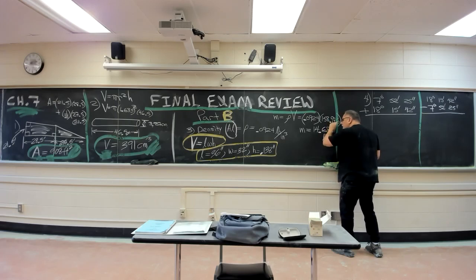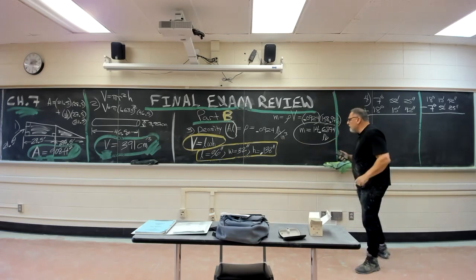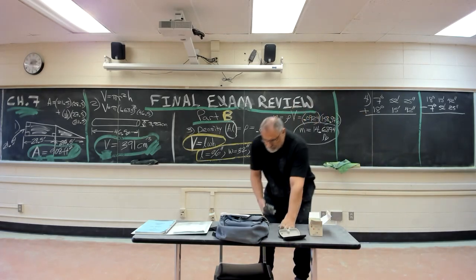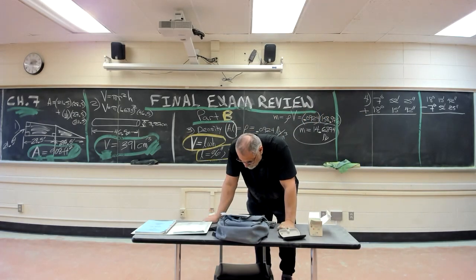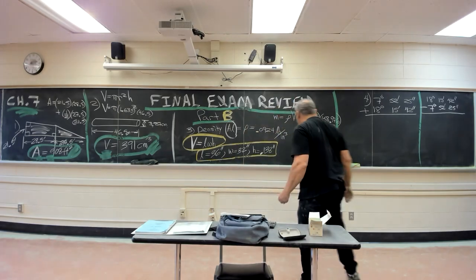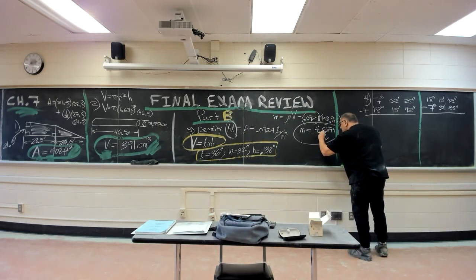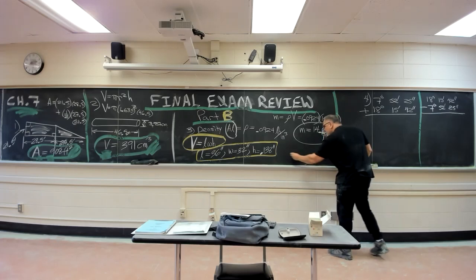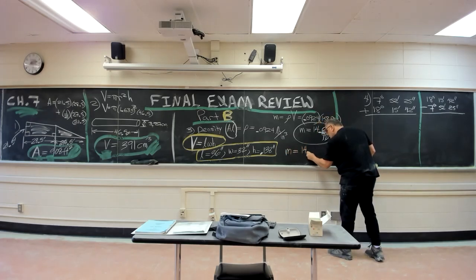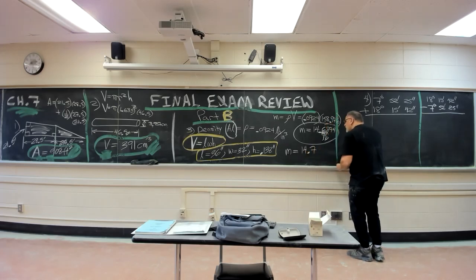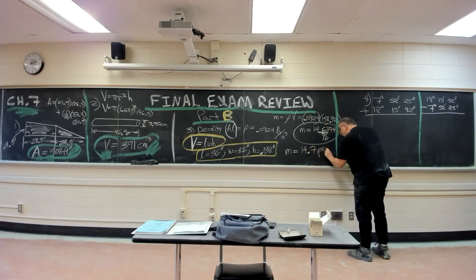LB for pounds, or you just write out pounds. That's fine. The answer they're asking for here is round to tenths. Is that going to stay a 6 or go up to a 7? 0.7 pounds, or LB.